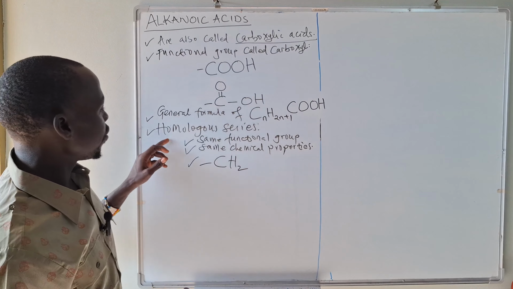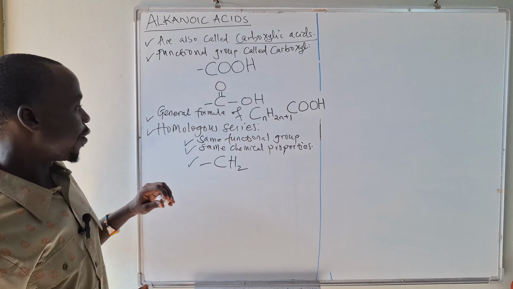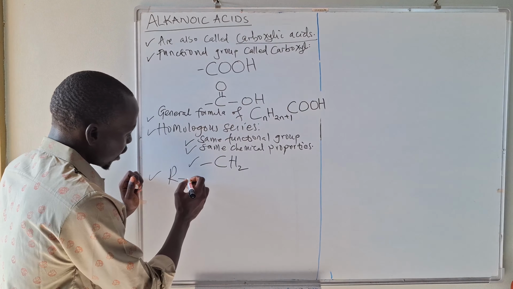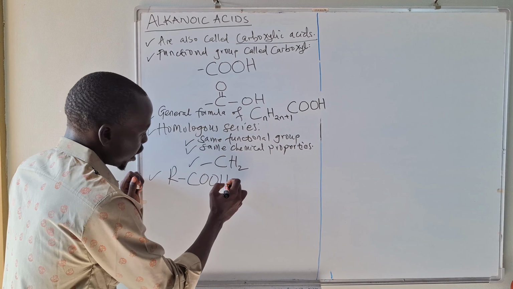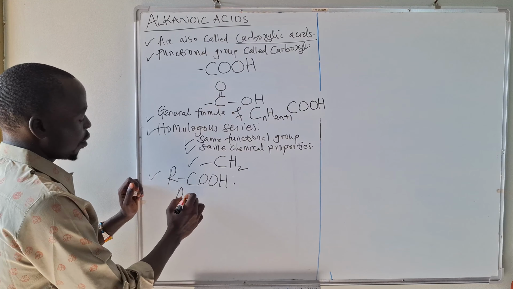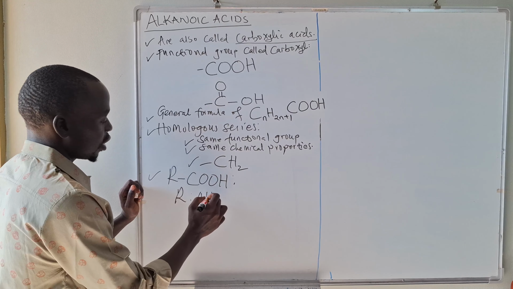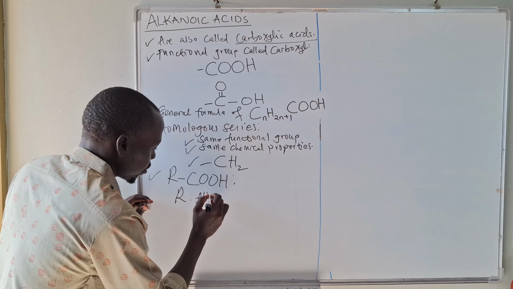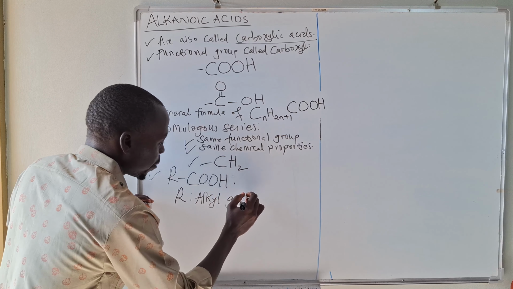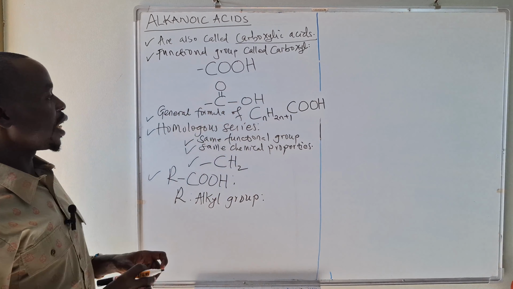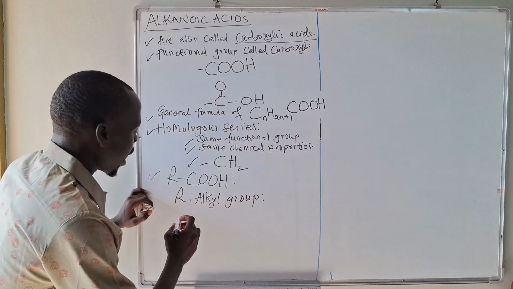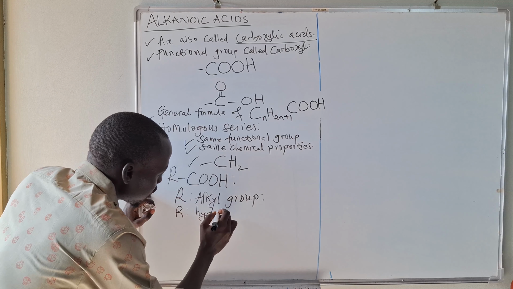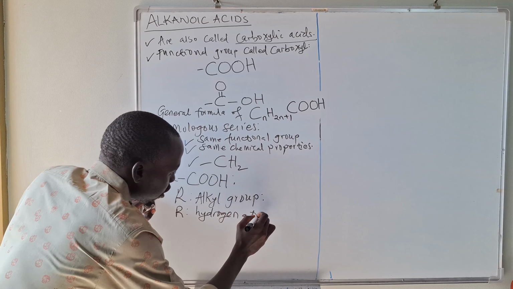So we are saying they form a homologous series, and therefore we shall come up with RCOOH, where R is called the alkyl group. For the smallest member, R will represent a hydrogen atom.